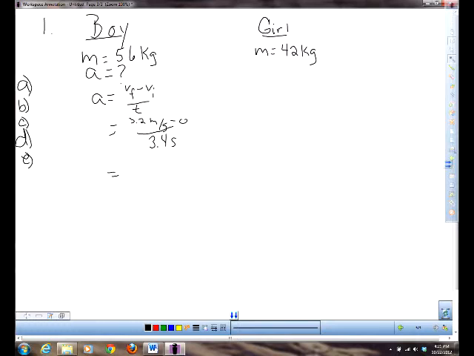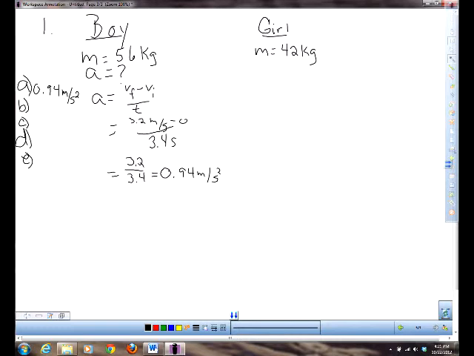So when you take 3.2 divided by 3.4, the calculator comes out to be 0.94 meters per second squared. So our answer to A is 0.94 meters per second squared.